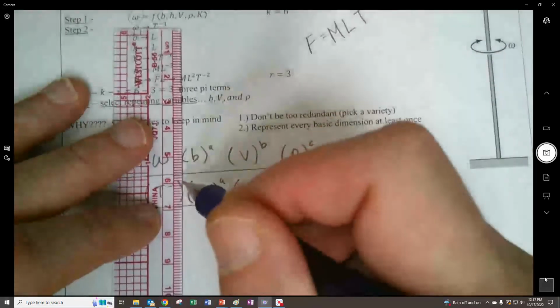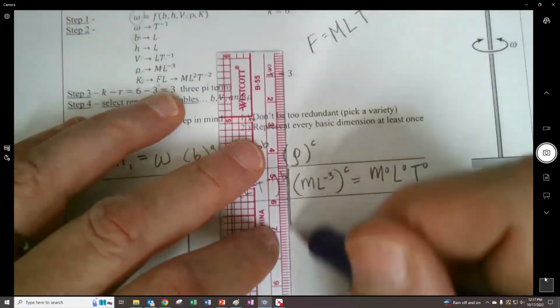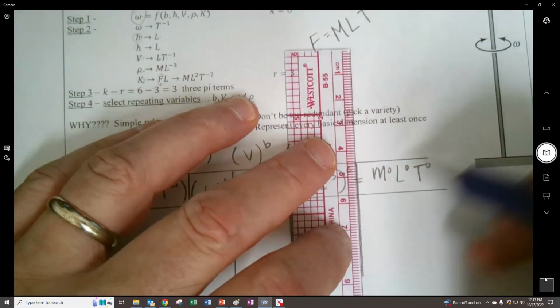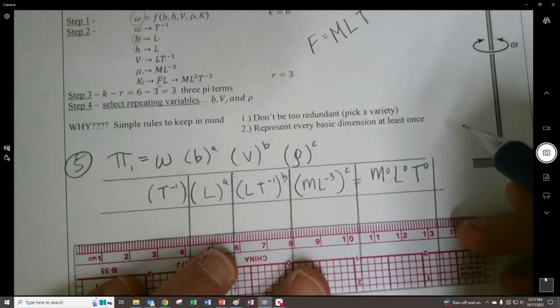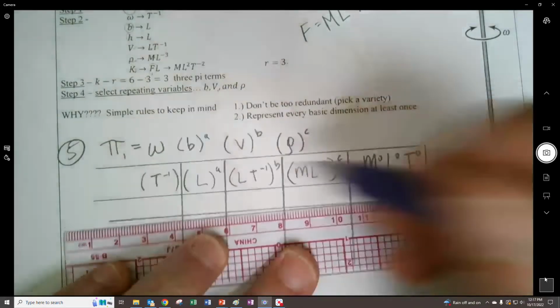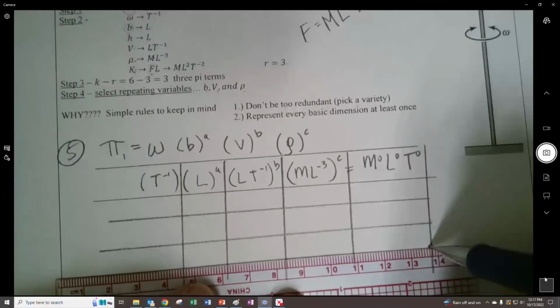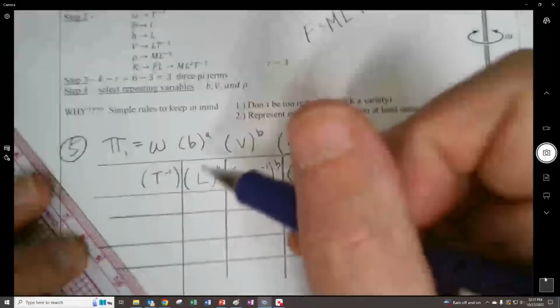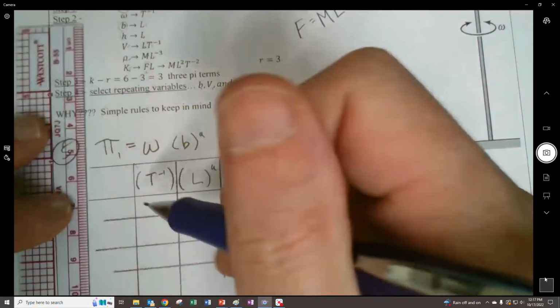All right, so I like to have some columns here. And let's make 3 rows for the M and the L and the T. Now I'm going to neaten this. Oop, I need to make another column there.